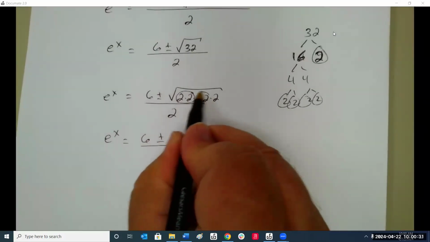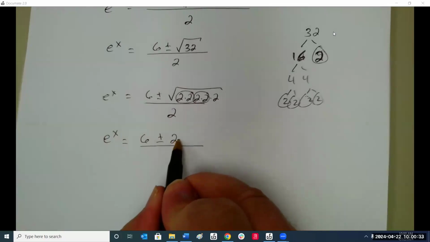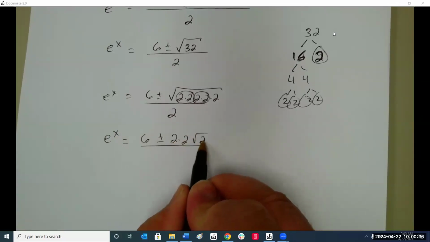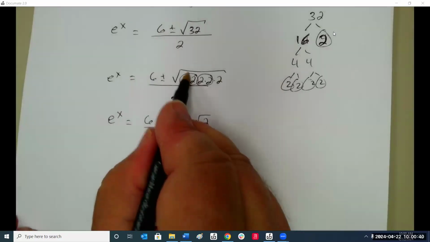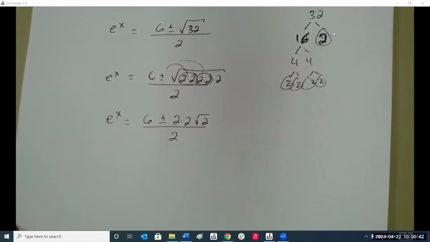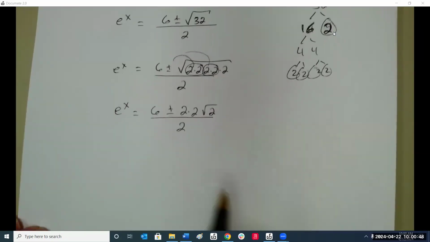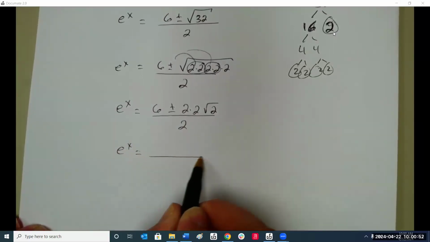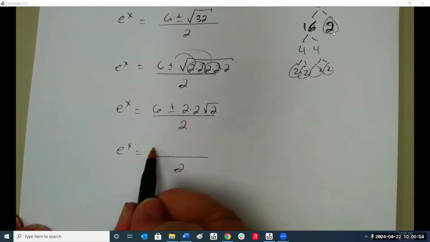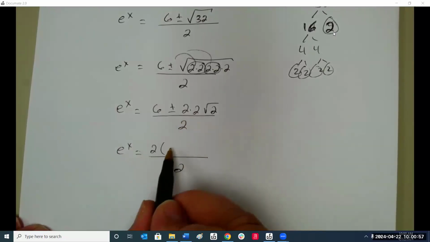Every pair of the same numbers, so we have 2, and there's one 2 remaining. So 2 of these will come out. Two pairs. On top, I can factor out a 2.